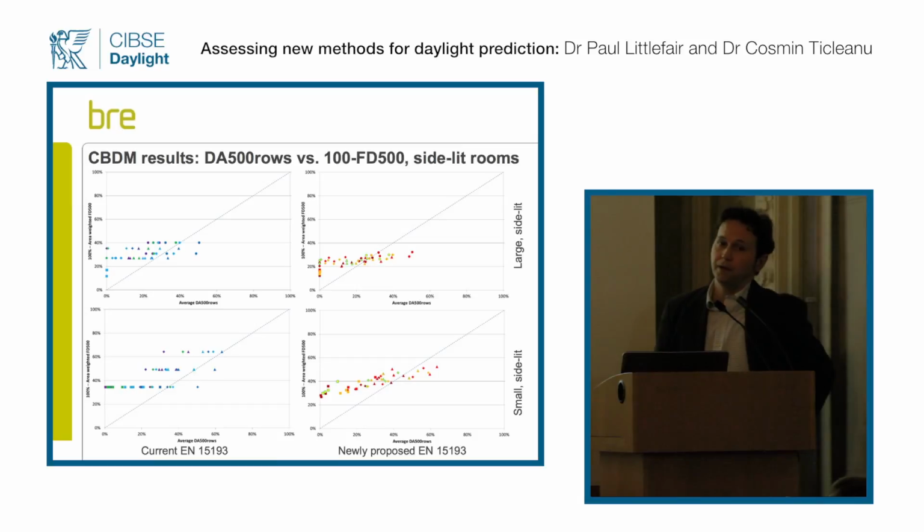So in a way, the EN method overestimates the daylight availability in most cases, both in the current and in the draft version of the standard. That's for the side lit rooms, and that's for the top lit rooms, where a similar tendency applies.